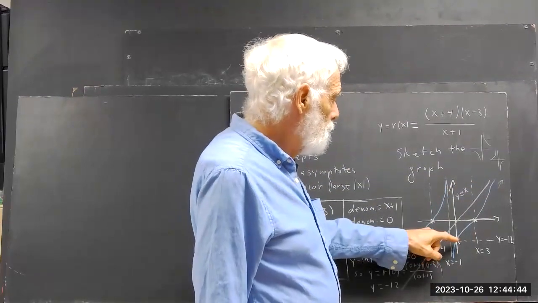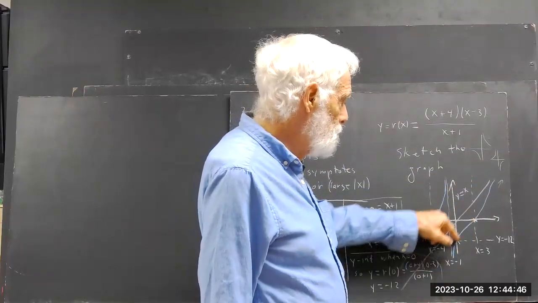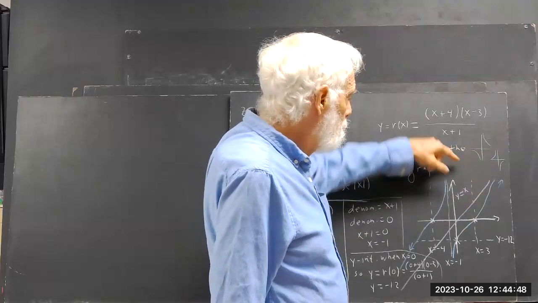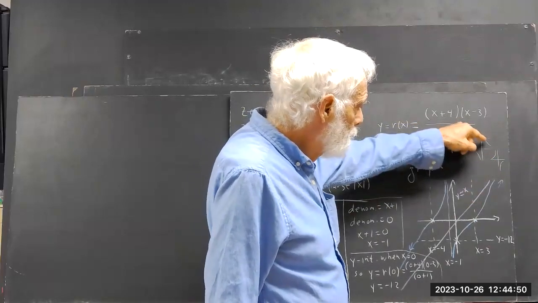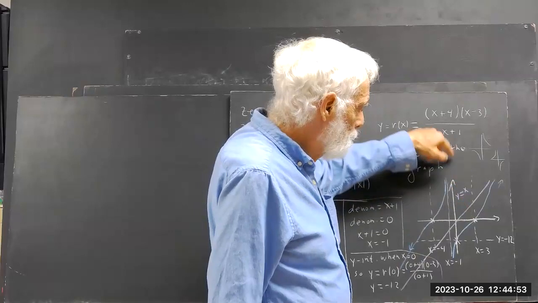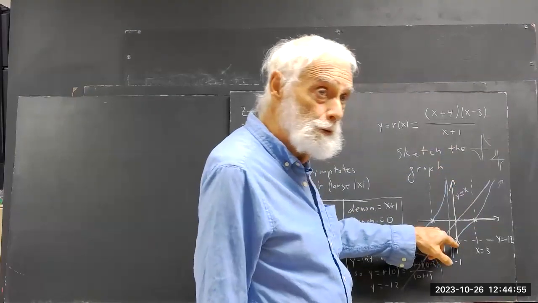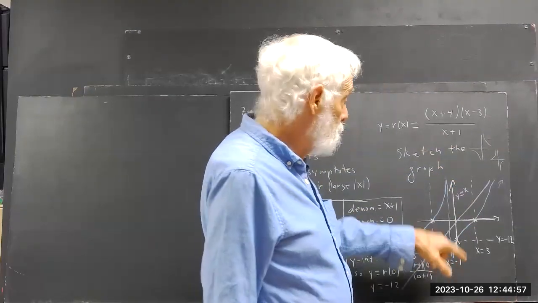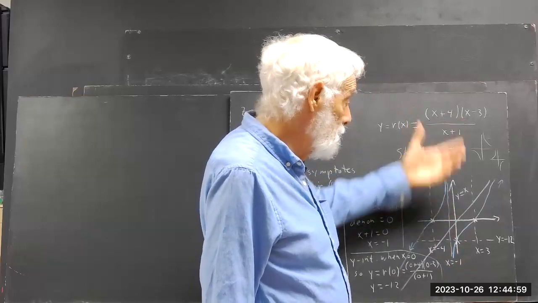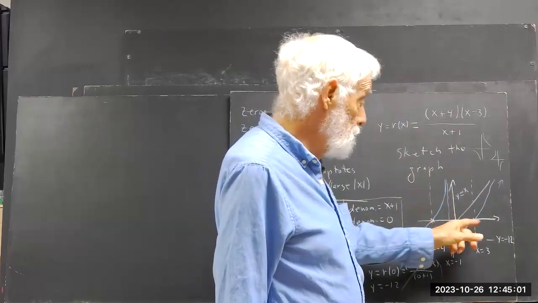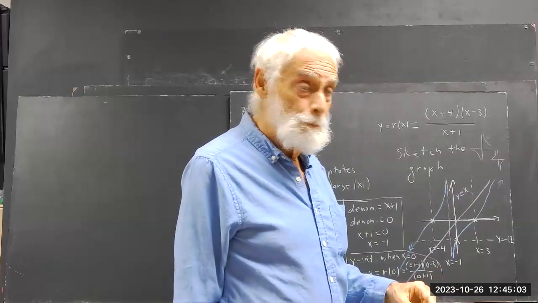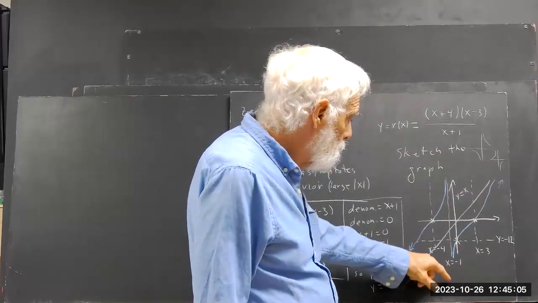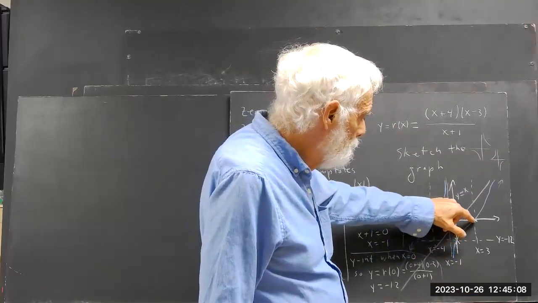Well, the only way we can get through this point and this point is if it comes up from down here. If it comes down from up here, it looks like this. We'd go through the x-axis here, but we'd never hit this point. And we'd have to go through the x-axis somewhere where we can't, because we can only go through the x-axis at the x-intercepts. All right. So we come up from here, we go through this point, we come up to here.